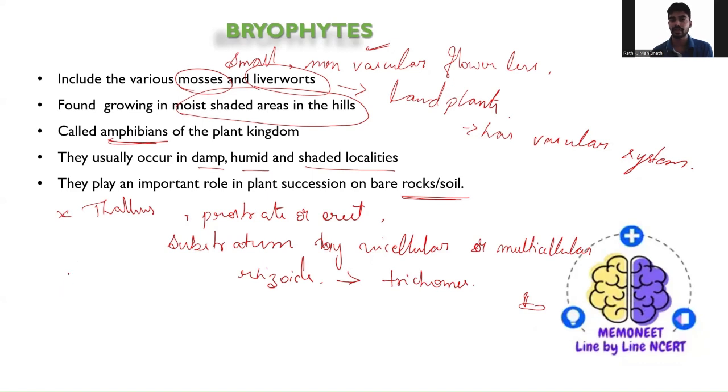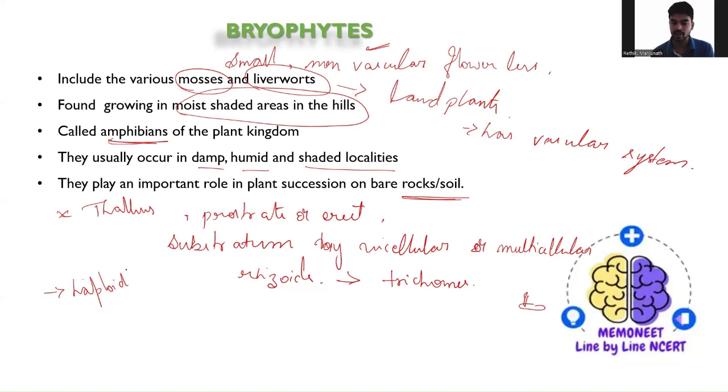Coming to the major structure, they possess root-like, leaf-like, and stem-like structures. Not completely, you cannot say that it has roots, stem, leaves, but somewhat similar to them. The main part of the plant body of the bryophytes is haploid.